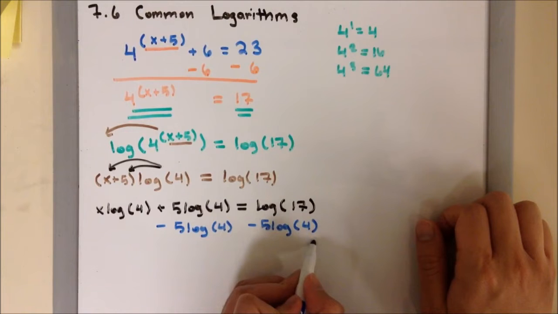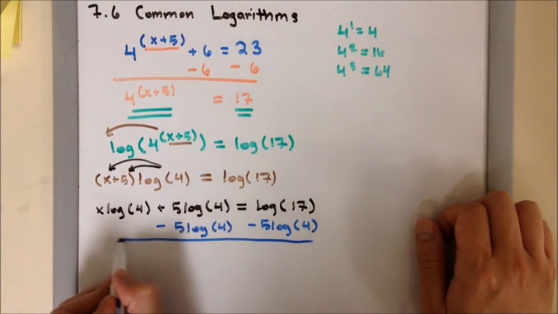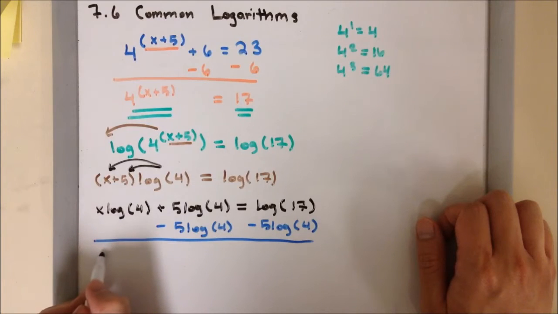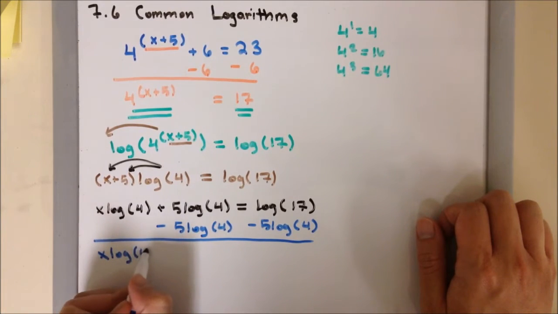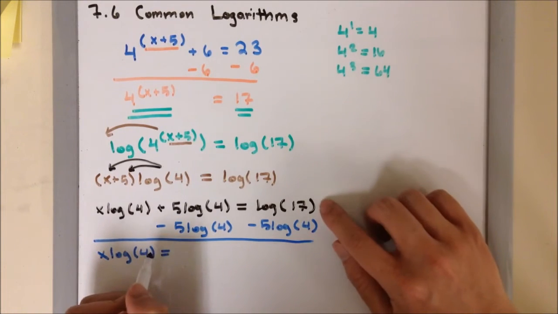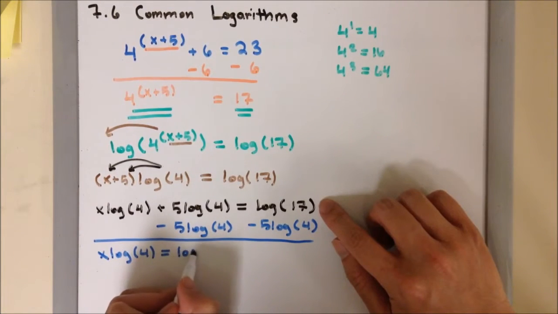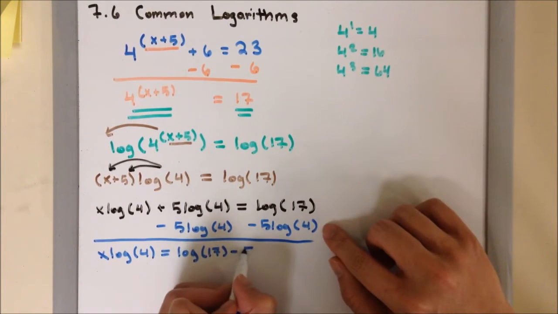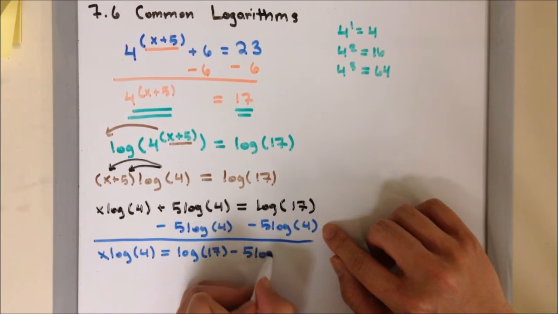Now when we subtract on both sides by 5 log of 4, I'm going to have x log of 4 equal log of 17 minus 5 log of 4.